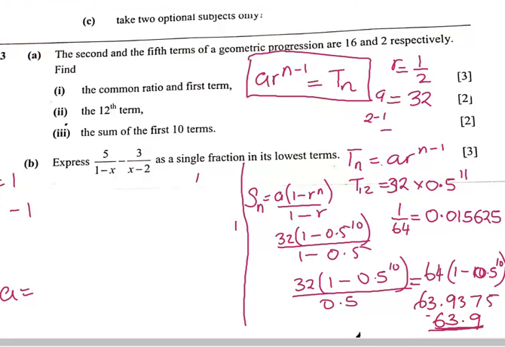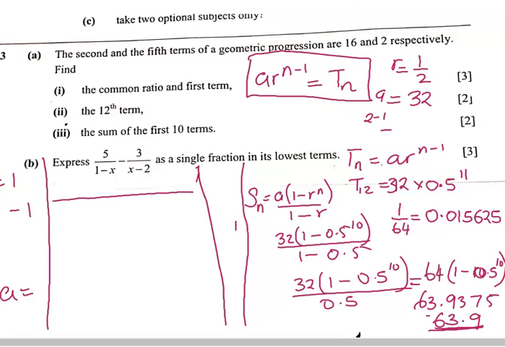Then we have one more question here that I can easily do for you. This is one of the simplest questions. Express 5 over 1 minus x, minus 3 over 2 minus x, as a single fraction in its lowest terms.